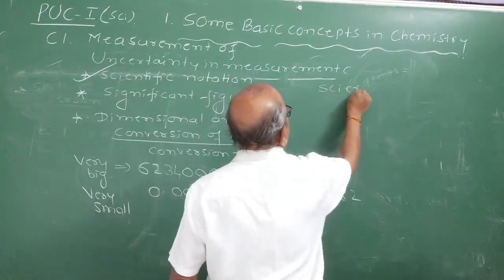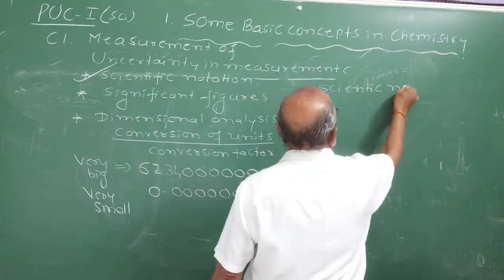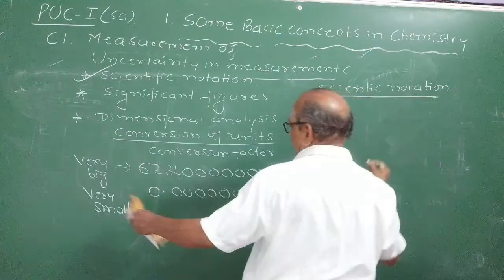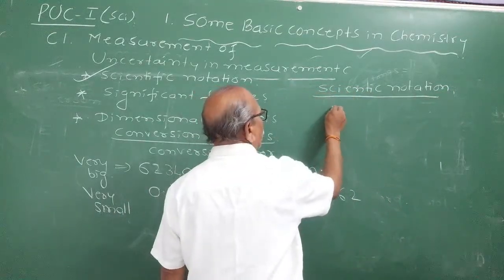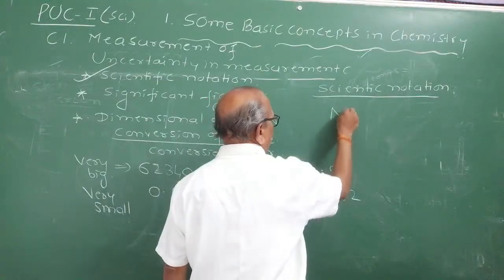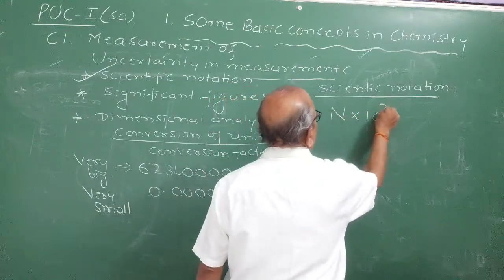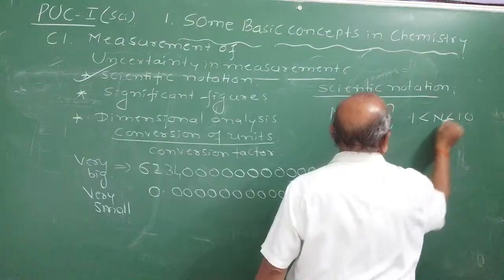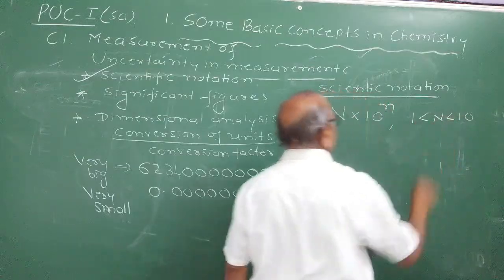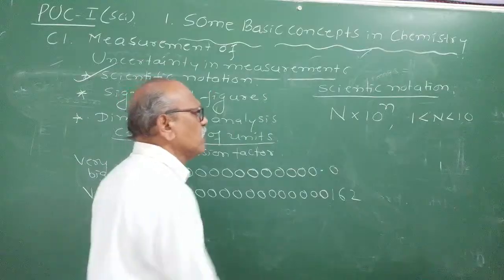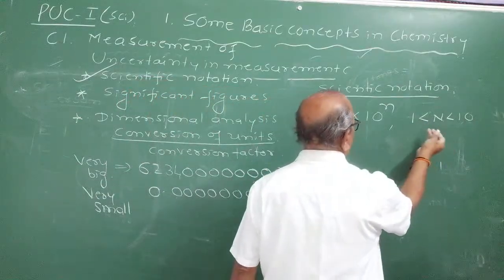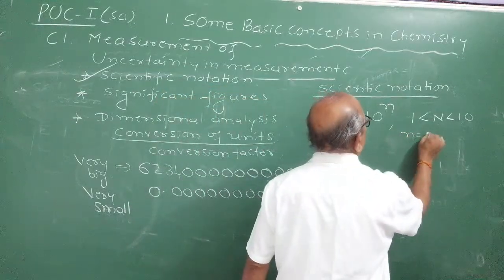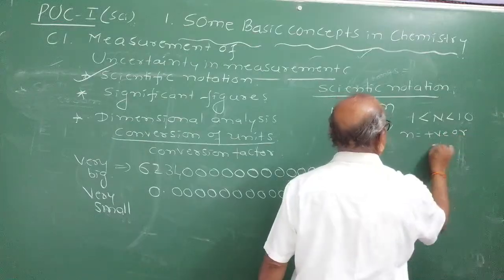What is scientific or standard notation? You can express any real number in the form N into 10 raised to n, where this capital N lies between 1 and 10, greater than or equal to 1 and less than 10, and this n may be positive or negative.